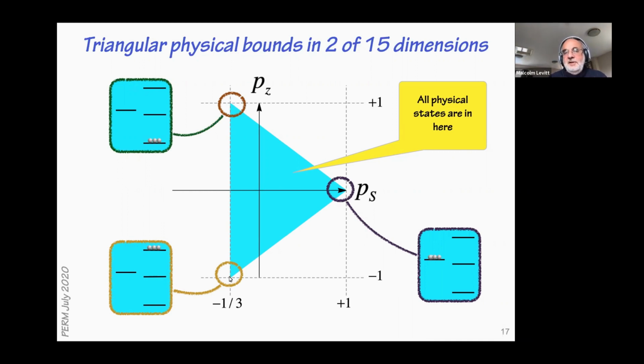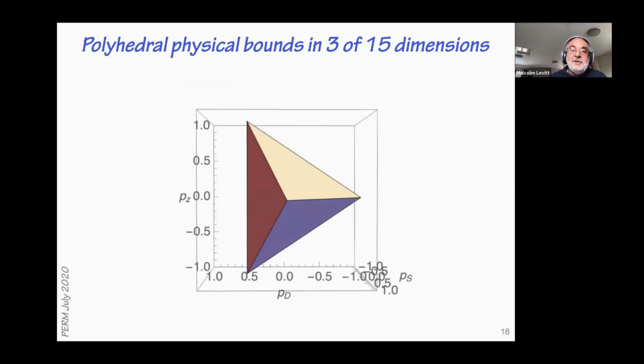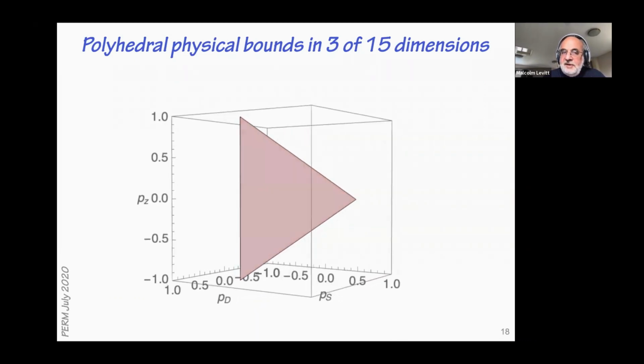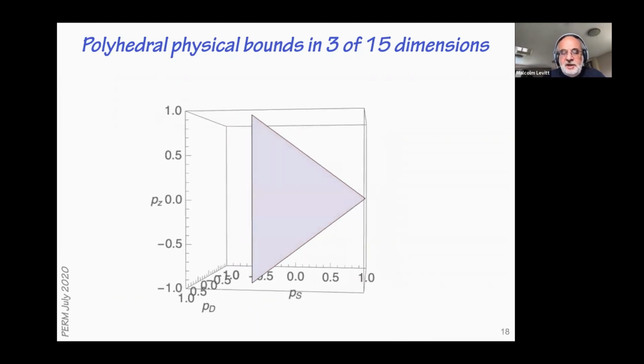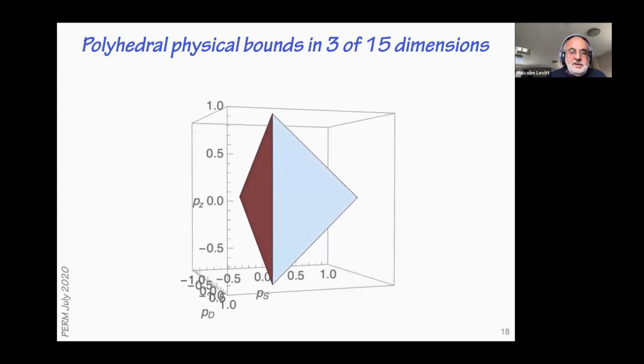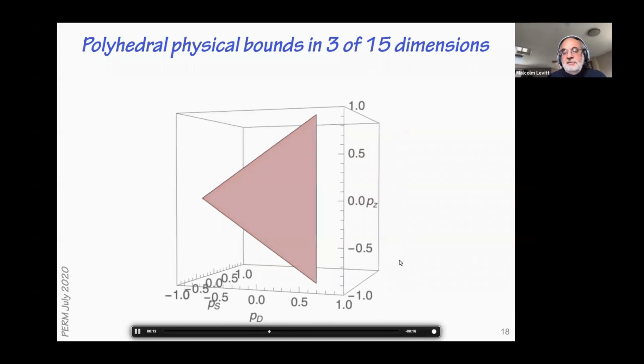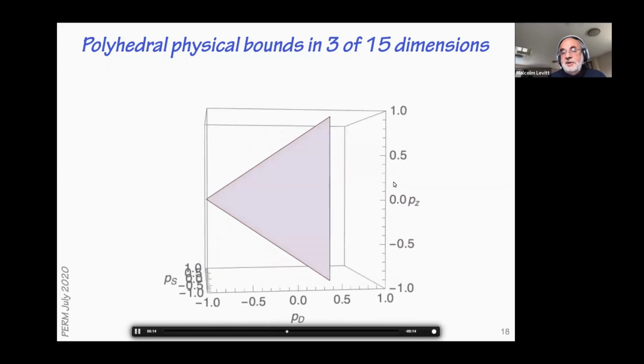And then what about the rank 2 order? That comes in as well. And actually, if you take that into account, you find that the bounds on that form this rather strange polyhedron in 3 of the 15 dimensions. So what's plotted here vertically is the Zeeman order.